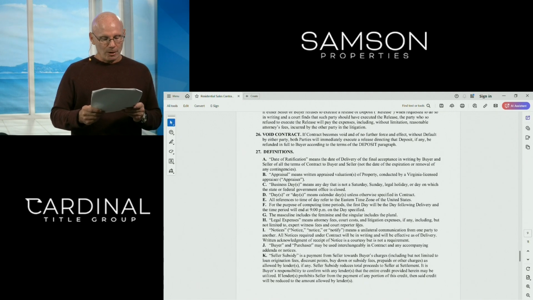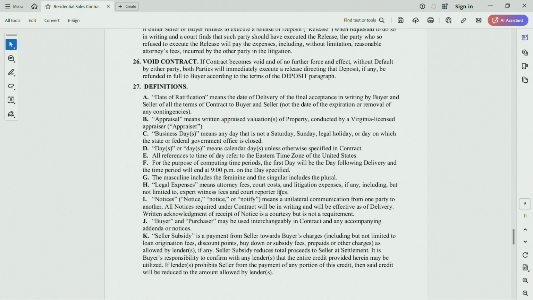So, and then number K is a seller subsidy. This one tells you it is a payment from the seller towards the buyer's charges, including but not limited to loan origination fees, discount points, buy down or subsidy fees, prepaids, or other charges, as allowed by the lender, if any.